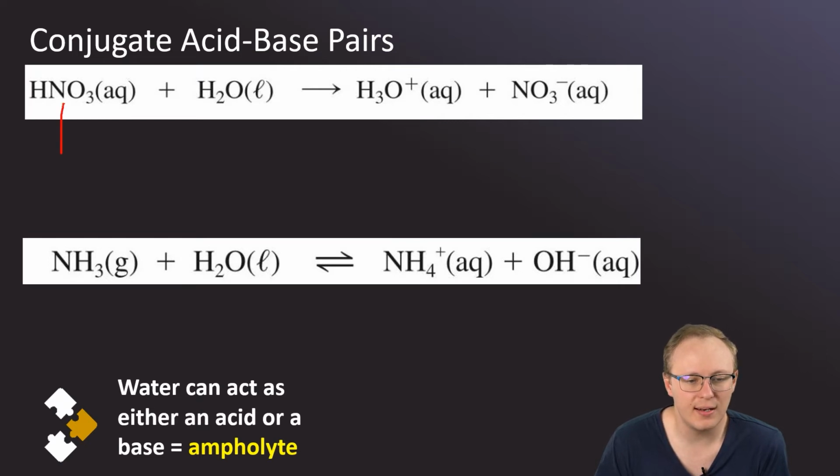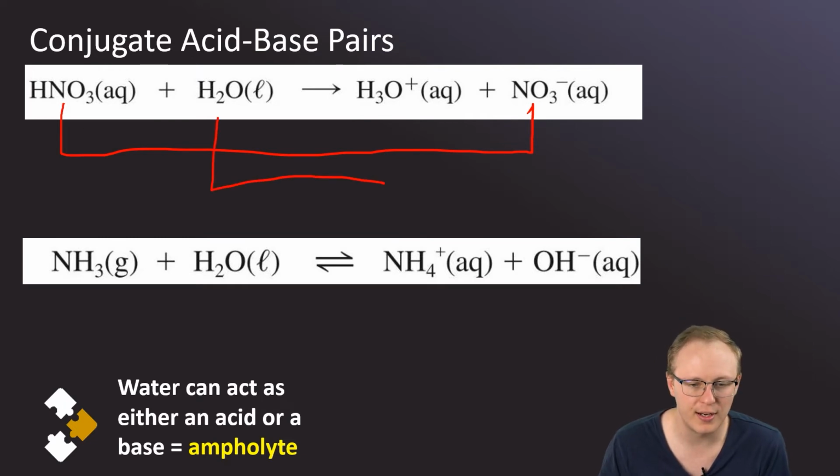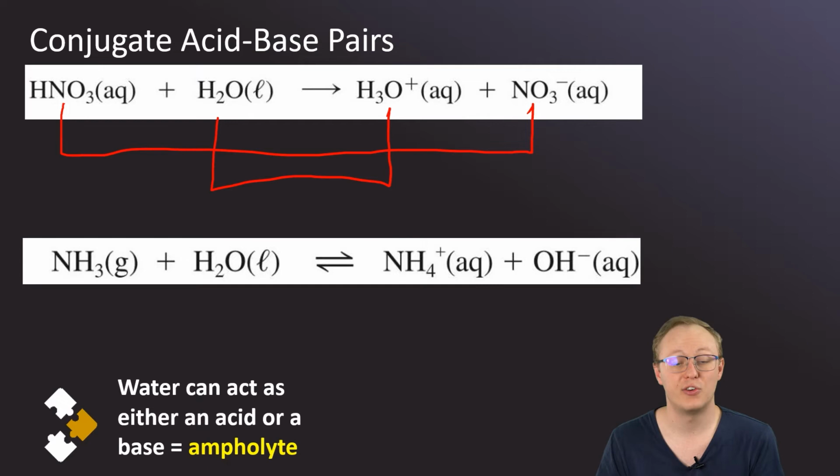Now, we can link these up already, because it's not too difficult to identify which ones differ by a single proton. So you can see that HNO3 and NO3-, the difference is 1 H, whereas H2O and H3O+, or hydronium, is something we've already seen.